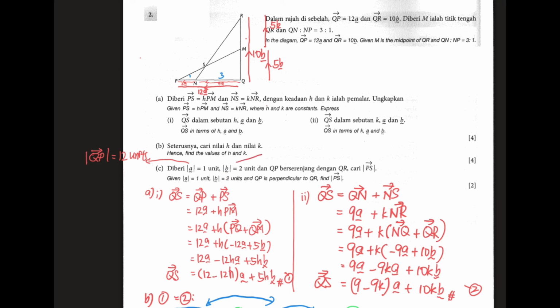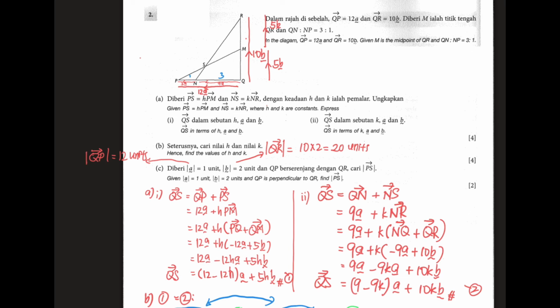So that means we manage to determine that QR equal to the magnitude of QR. Magnitude means the length of the line is 10B, right? So 10 times 2, which is 20 units.